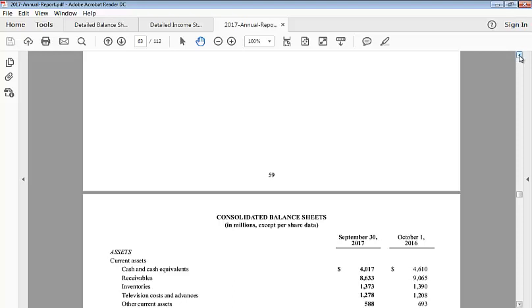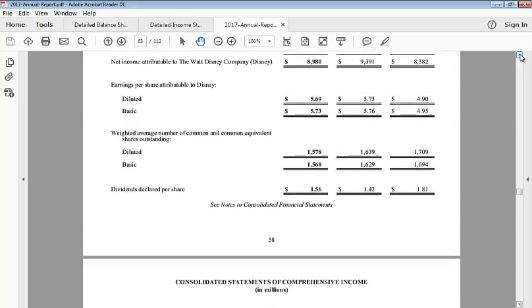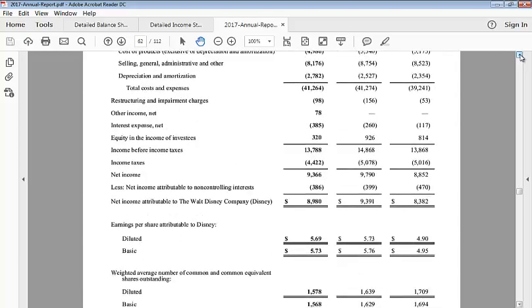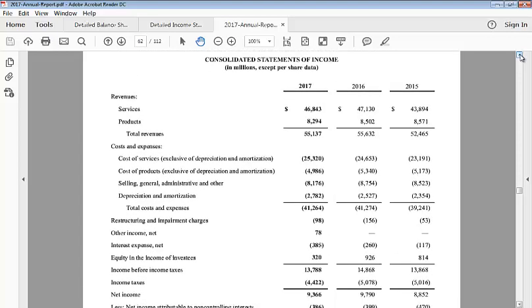Now, also, before we get started, I wanted to point out the difference between internal financial statements and external financial statements. These are the financial statements that Disney has produced for its SEC filings, its annual report, and these are publicly available to anyone. Now, if you'll notice though, there's not a lot of detail on it.